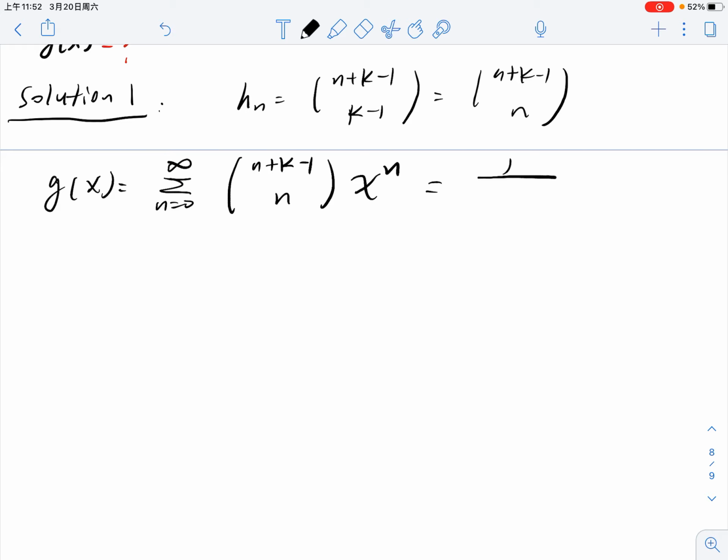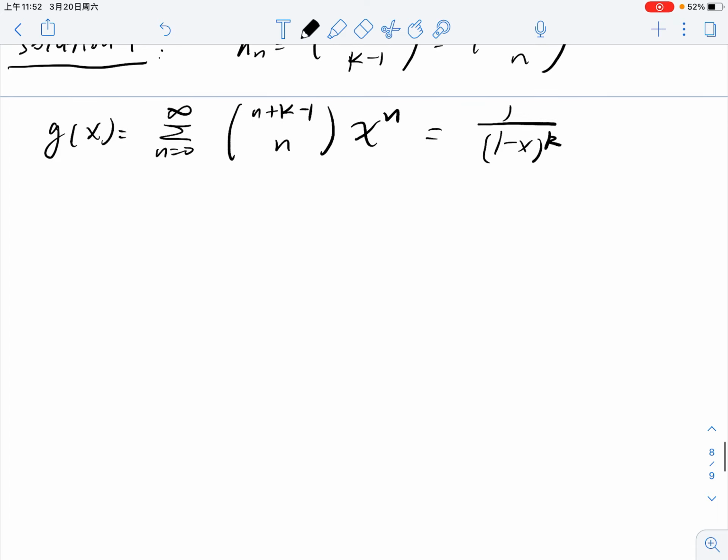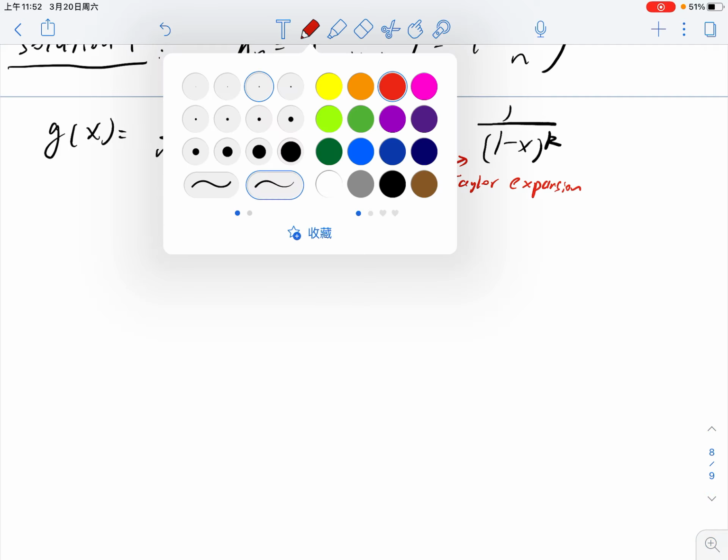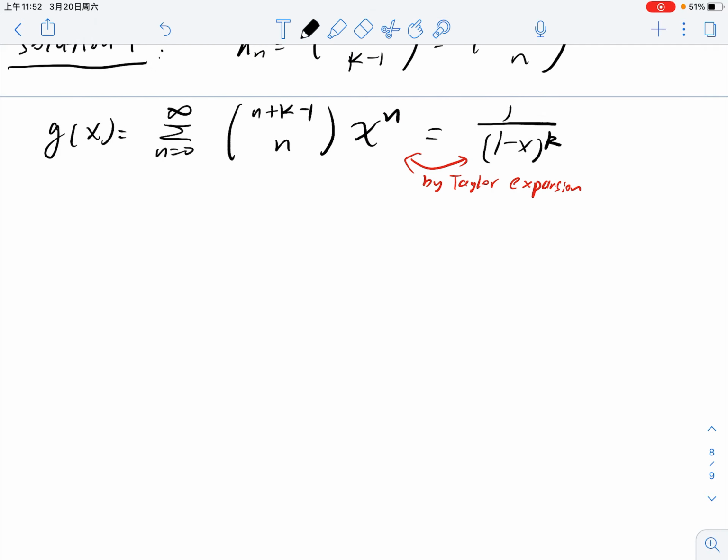This is 1 over (1 minus x) to the k's power, by Taylor expansion. Or if you don't know what Taylor expansion is, please look at Wikipedia.